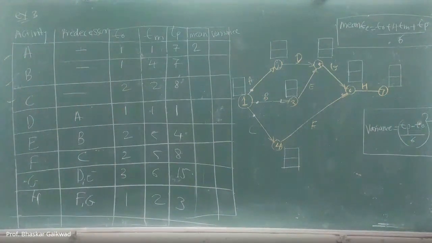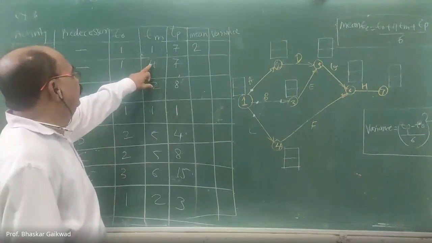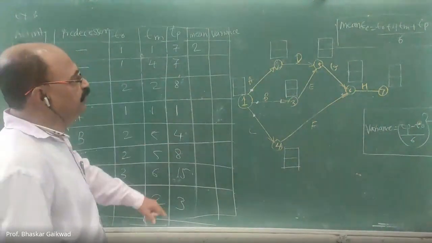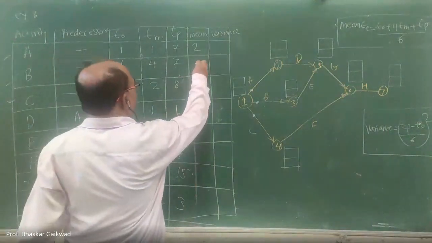How much is the mean time for B activity? 4 into 4, 16 plus 1, 17 plus 7, 24 divided by 6. How much here? 4. So you can write here 4.